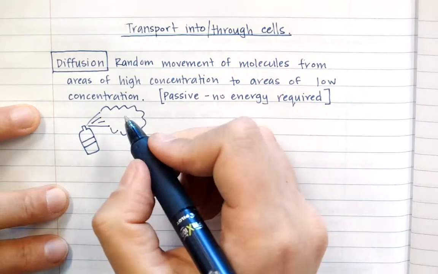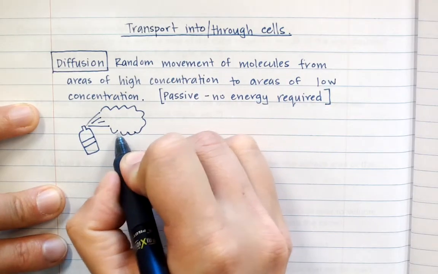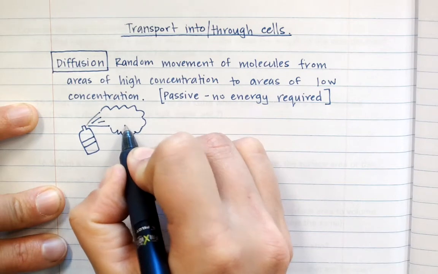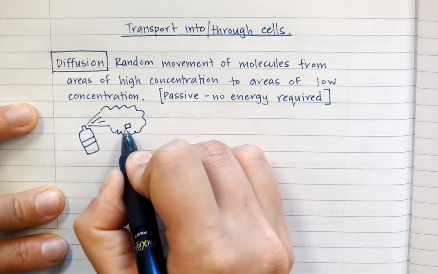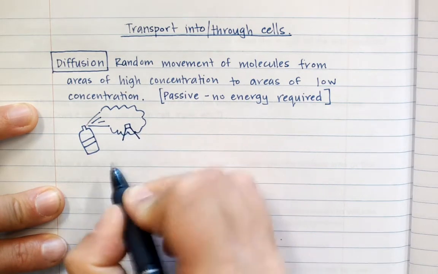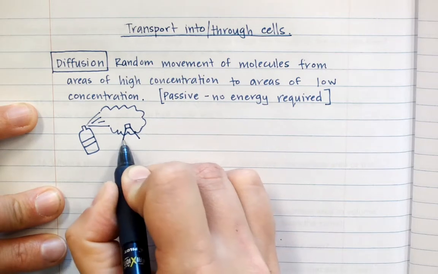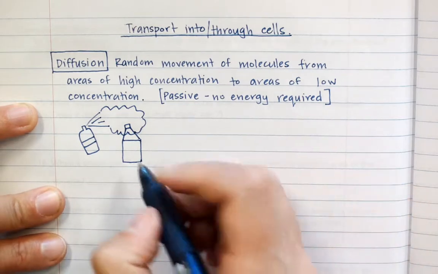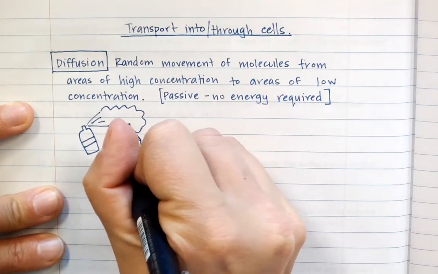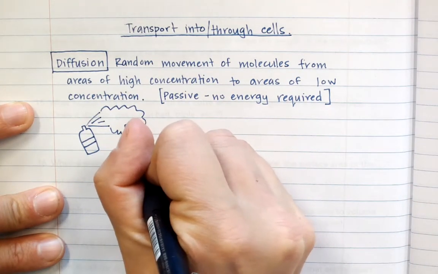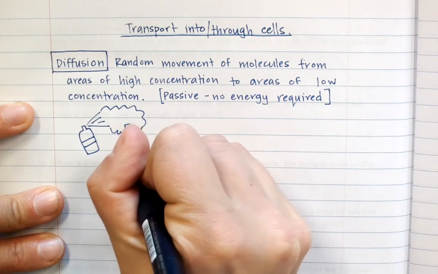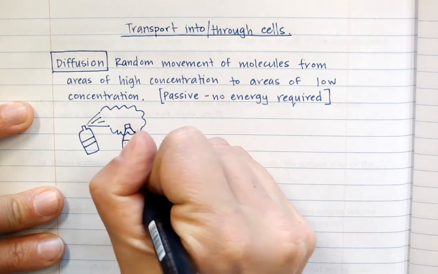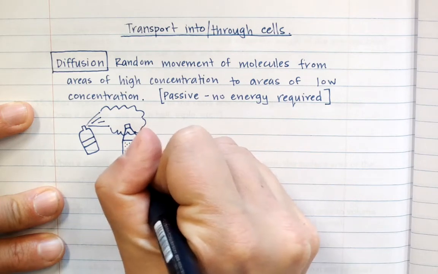And if I look at one sort of area here, if I were to zoom in on that, my zoom in would show me that I have a lot of molecules of whatever this spray is, my Febreze, my perfume, my Axe body spray.